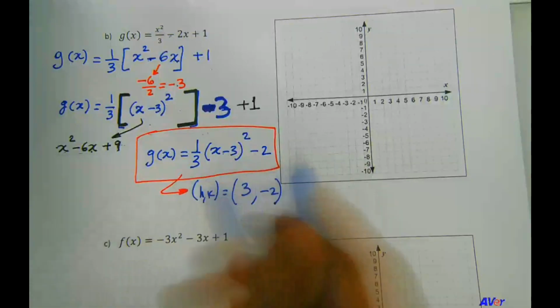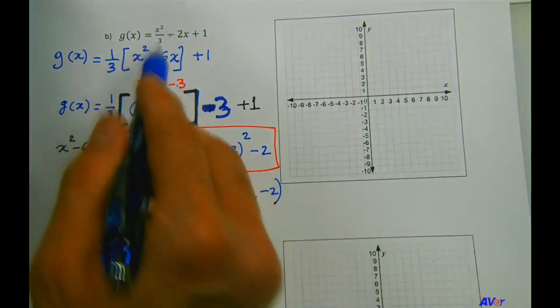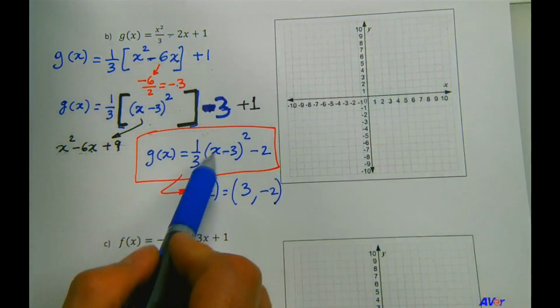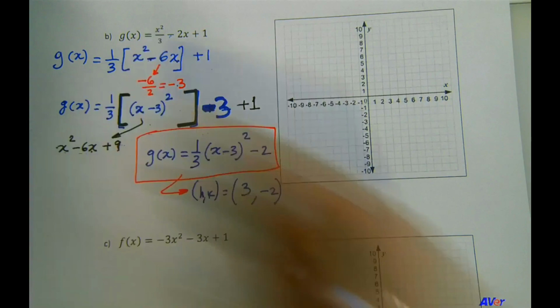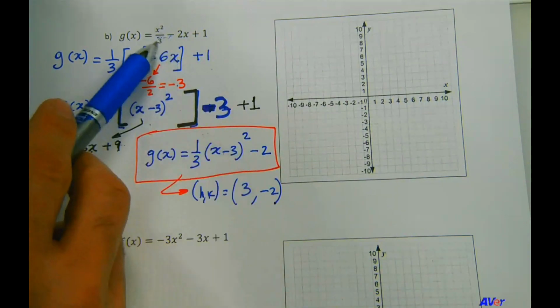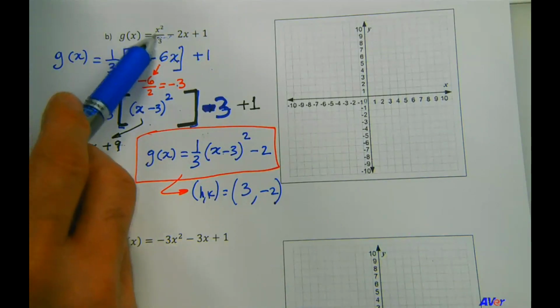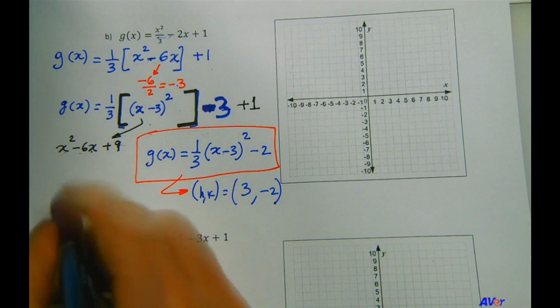And then the y-intercept, we can find that very easily too, right? Just substitute for x in here or here, makes no difference. This one is actually easier to use to find the y-intercept. So let's write this down.